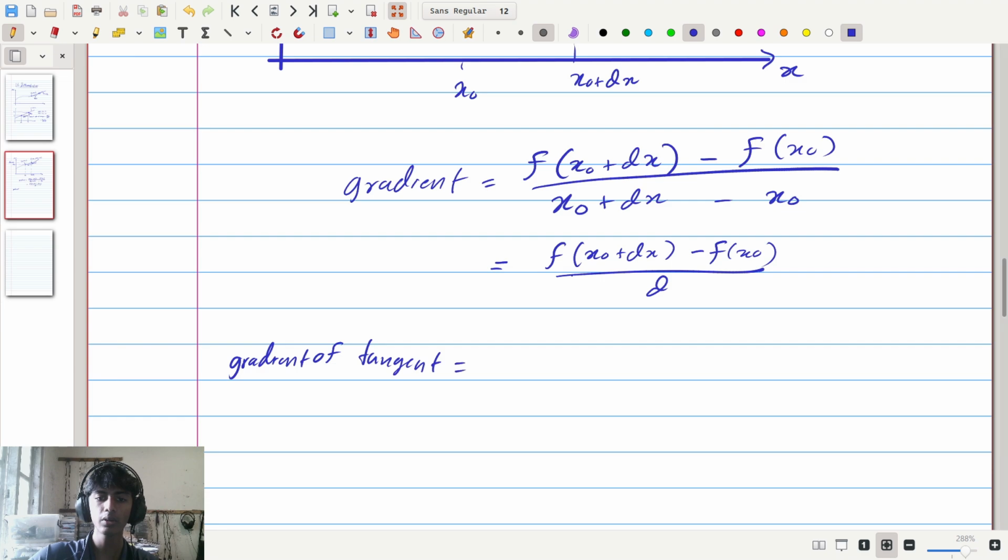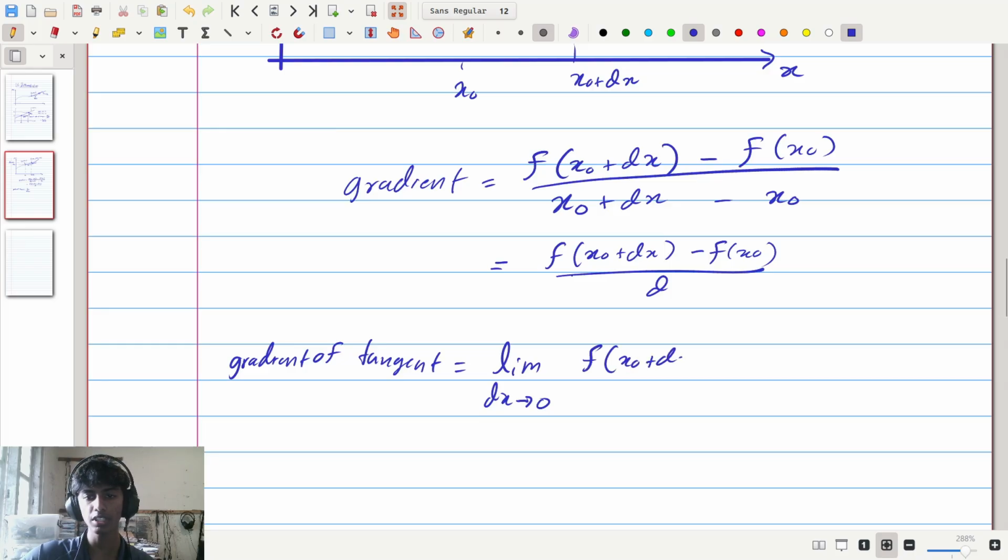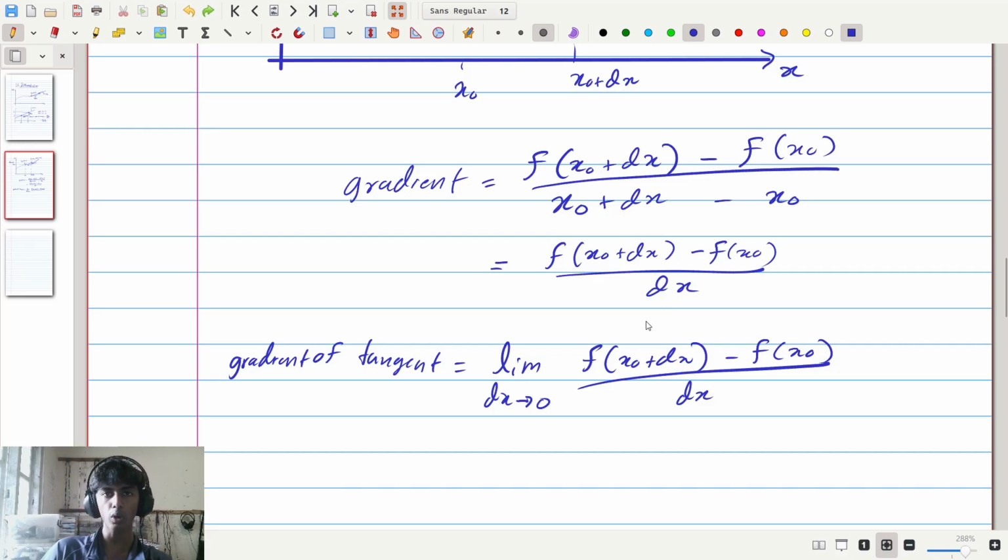So therefore, the gradient of the tangent is equal to the limit as dx approaches 0 of f of x0 plus dx minus f of x0 divided by dx. I apologize, I've only put d there, it's supposed to be dx. This is what we're interested in.